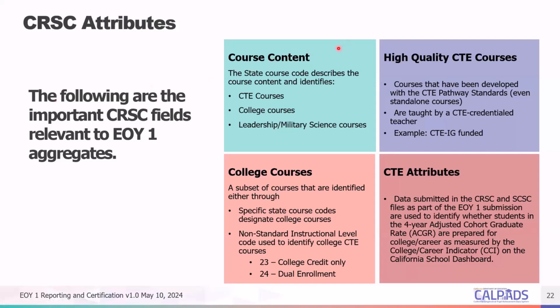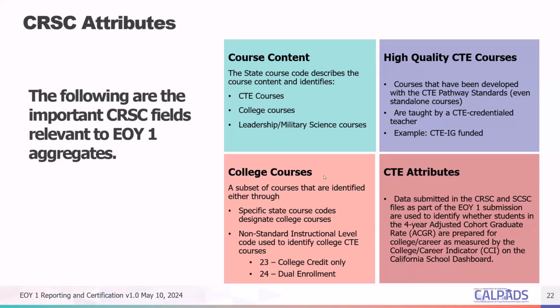With regards to course content, state course codes identify CTE course completions, college course completions, and military science course completions. With regards to college courses, there are a subset of college courses that are identified through specific state course codes designating college level courses. And these are course codes in the 9,000 series or 9,000 range.